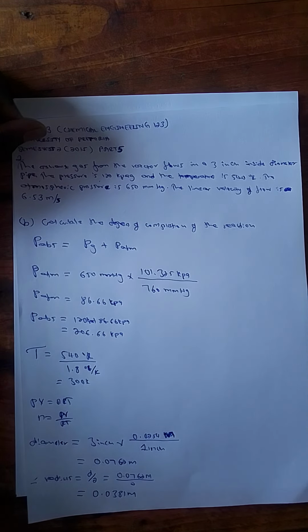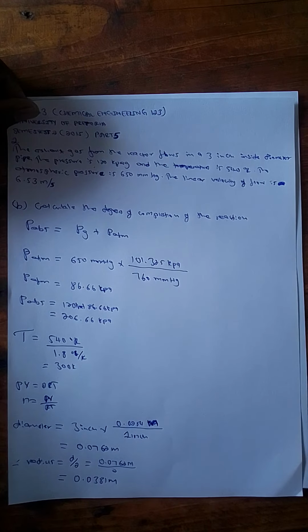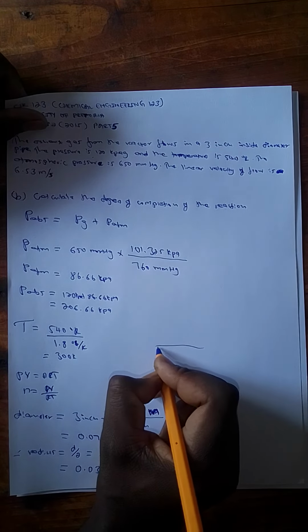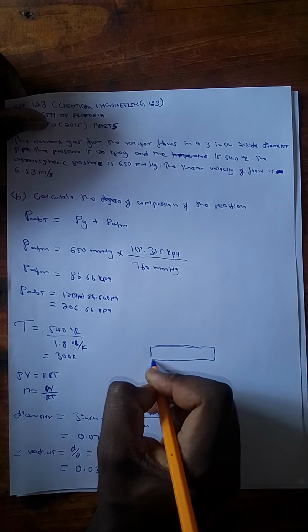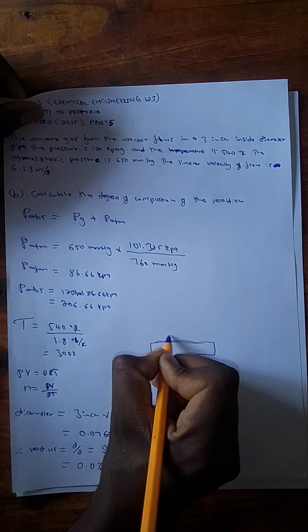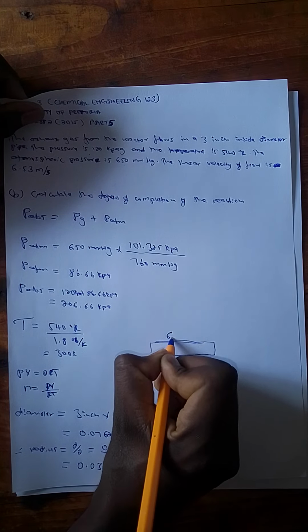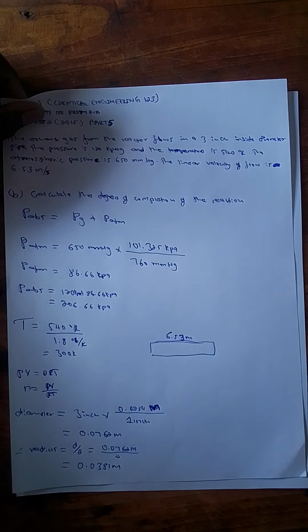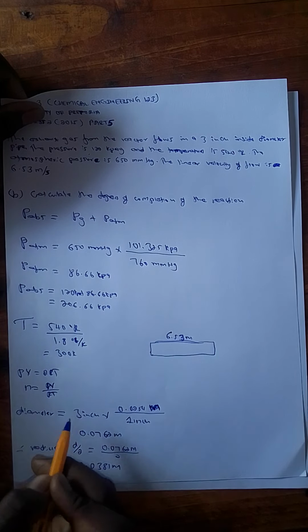So we can just visualize that. Let me write it here. Let's say this is actually the pipe, right? And this is a distance, or the length, of 6.53 meters, right? So we can use this principle to actually calculate the volume.